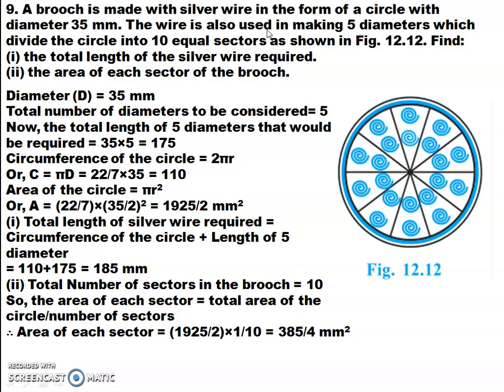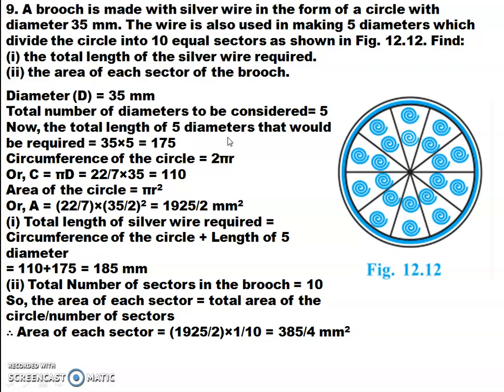Now, the total length of the silver wire: 35 into 5 is the length for the diameters and 2 pi r is the length for the outer circle. So 2 pi r plus 35 into 5. Let's see. Total number of diameters to be considered is equal to 5.